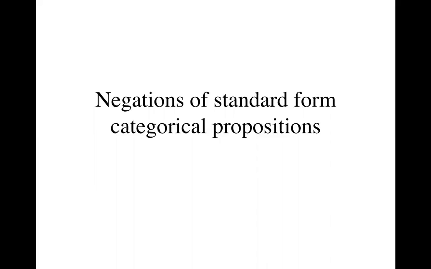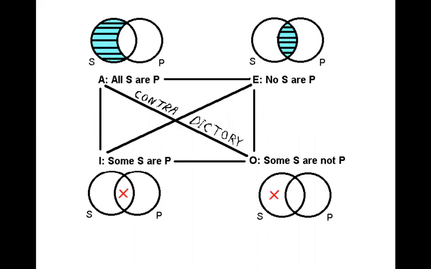In order to understand how we're going to do this, we need to look at what's called the square of opposition. Here we have all of the different types of statements, A, E, I, and O, arranged on a square.